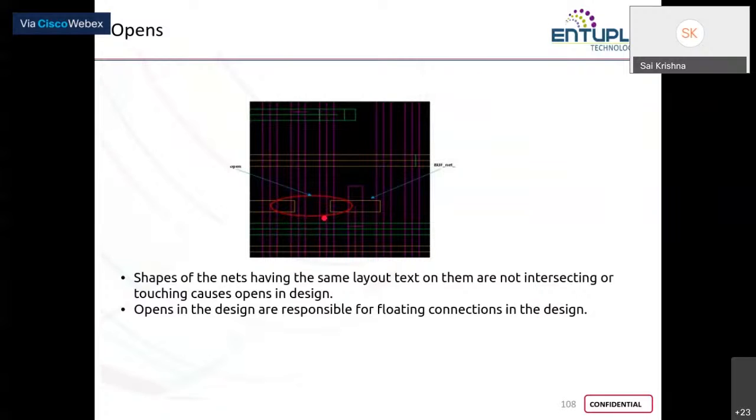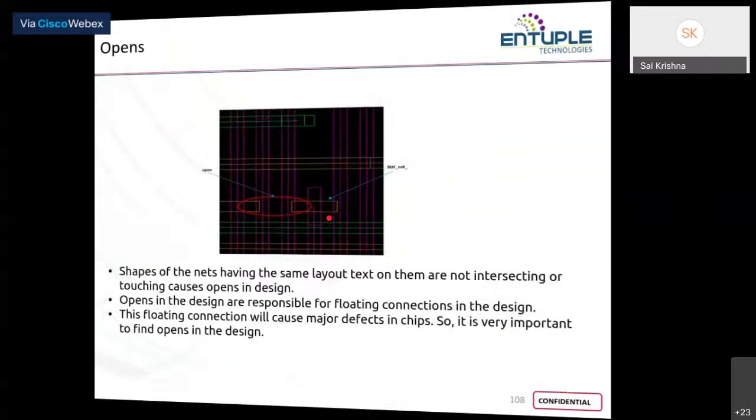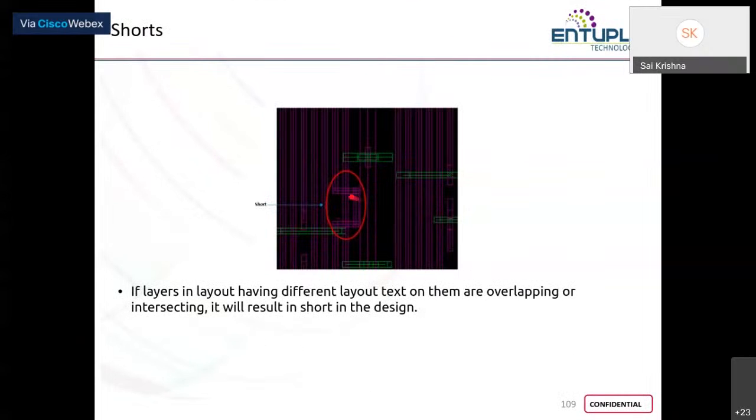Both of these horizontal metals are to be connected, but are left floating. And a short is where, by any chance, let's say one vertical and one horizontal metal are drawn using the same layer, even then a short can happen. Actually, this is the reason why every alternate metal layer is given a horizontal or vertical direction.